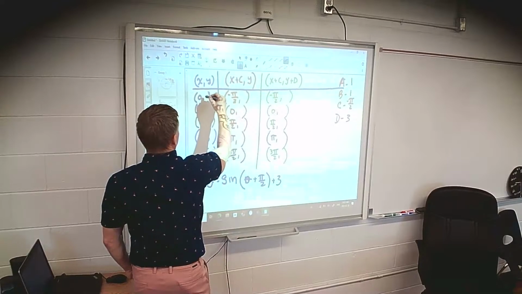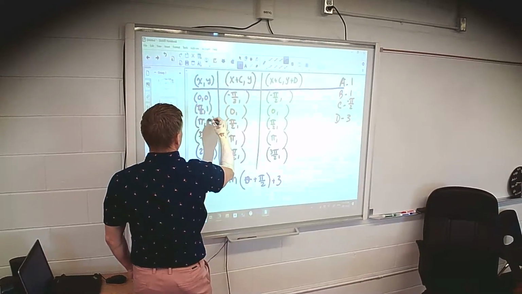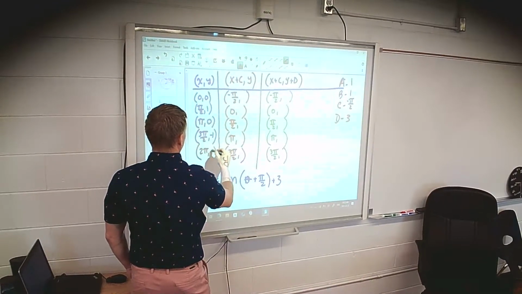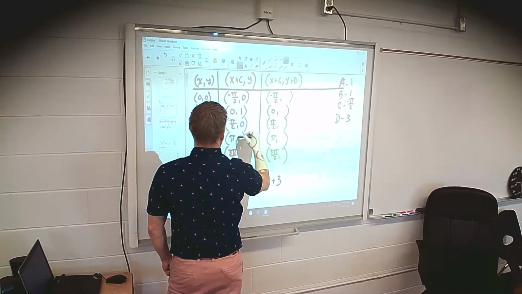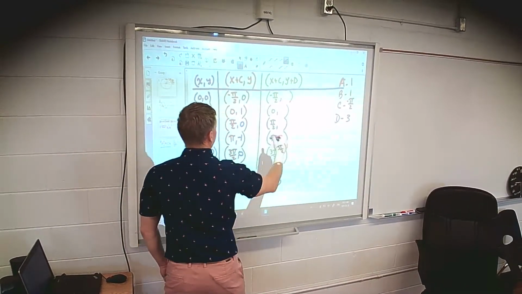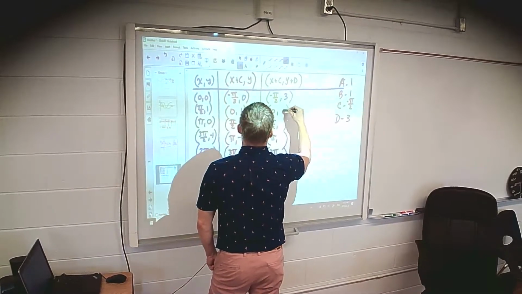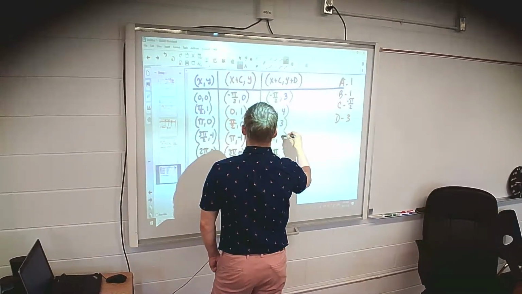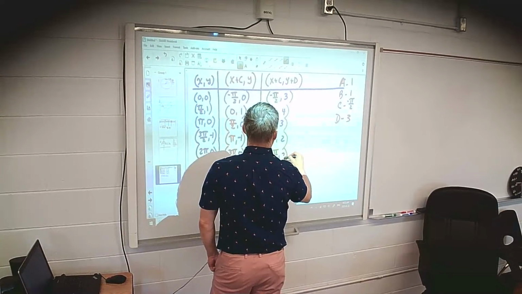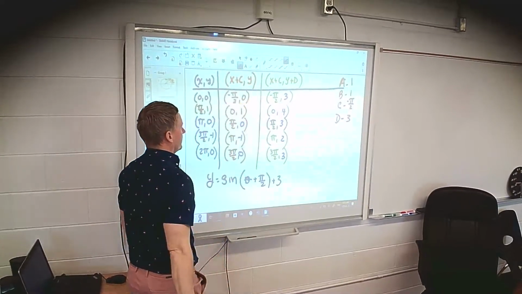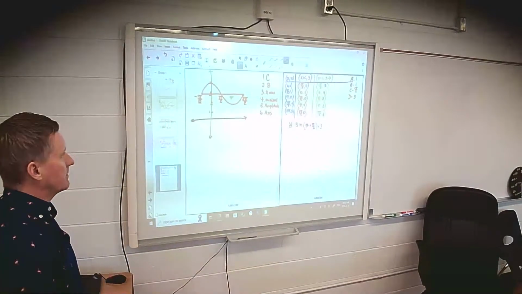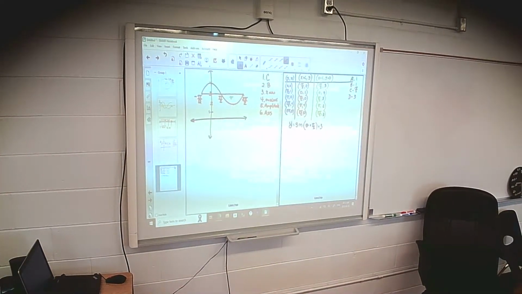So the sine graph is 0, 0, 1, 0, negative 1, 0. So that still makes that 0, 1, 0, negative 1, 0. And then over here, that would be 3, 4, 3, 2, 3. There we go. New one there. So we have to adjust that. So that is the mistake we made. We did a cos graph instead of a sine graph on the right, and on the left it's correct. And now we're back to where we need to be.